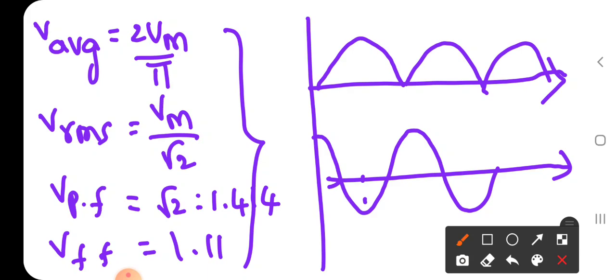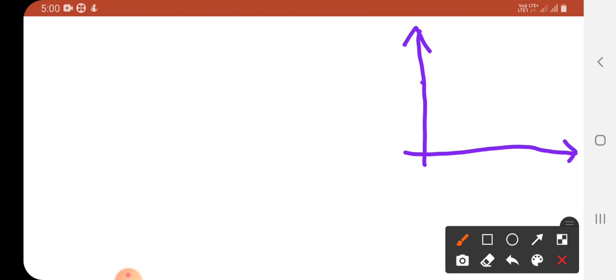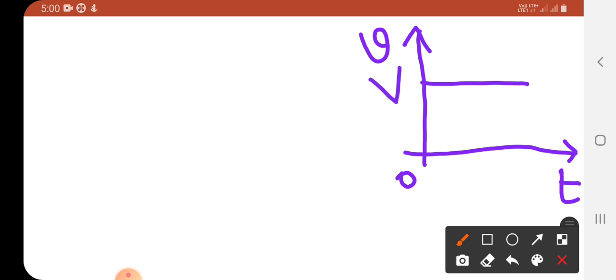Then how do we find them for non-sinusoidal quantities? For example, it is represented like this. This is V, this is 0 and let it be T. This is some capital V like that he has given.